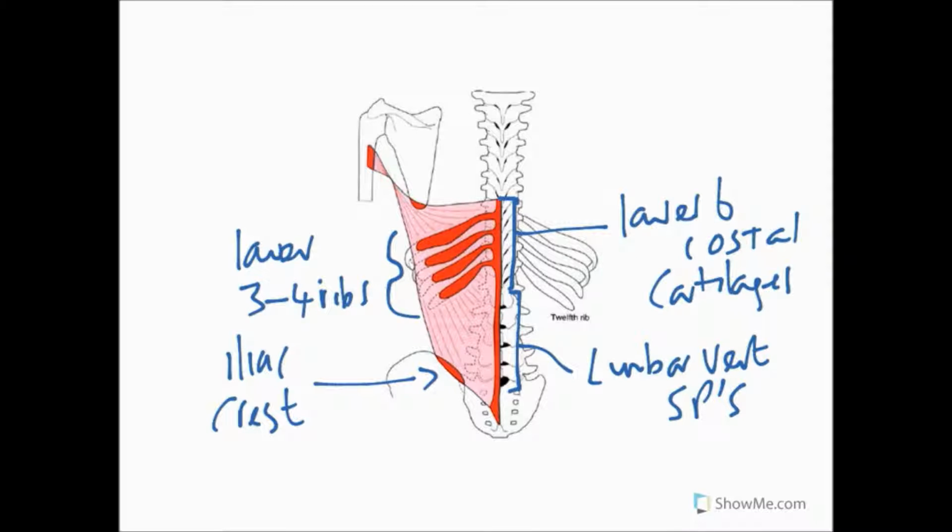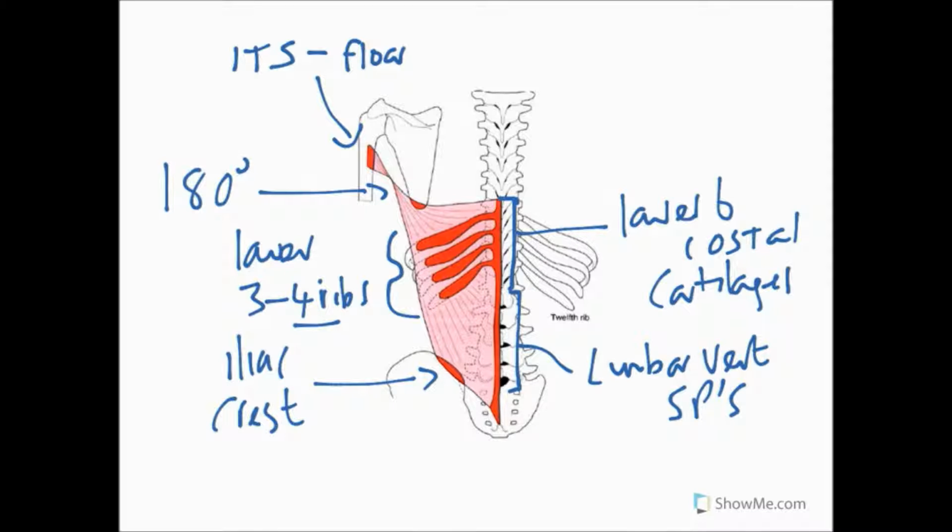as well. In this case it's 4 ribs, and you can see that at this point here where the muscle reaches up to attach to this point on the humerus, which is the intertubercular sulcus, and particularly there's the floor of it, we have a 180 degree angle change here showing how the fibres actually twist 180 degrees before they attach.